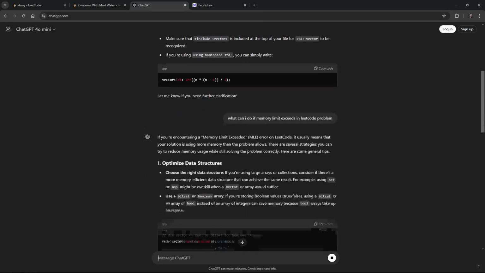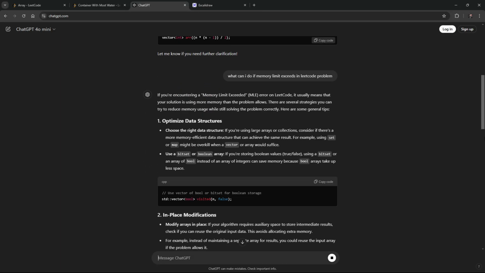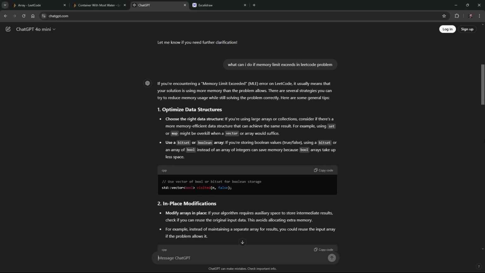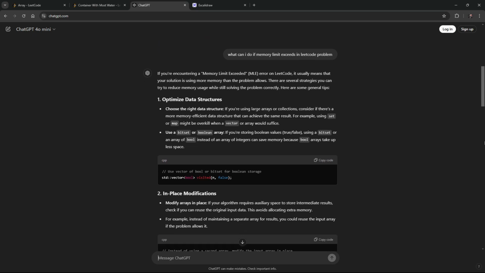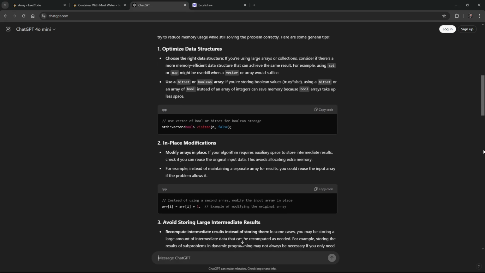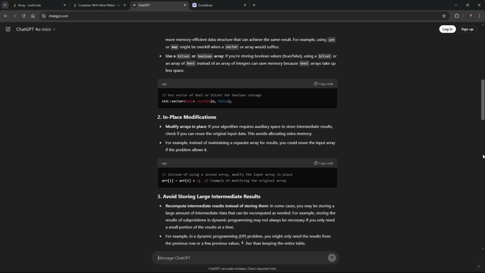Okay, let's see what it's trying to say. If you get a memory limit exceeded, MLE, error on LeetCode, it means that your solution is using more memory than the problem allows. There are several strategies you can try to reduce it, like optimizing data structures and in-place modification.